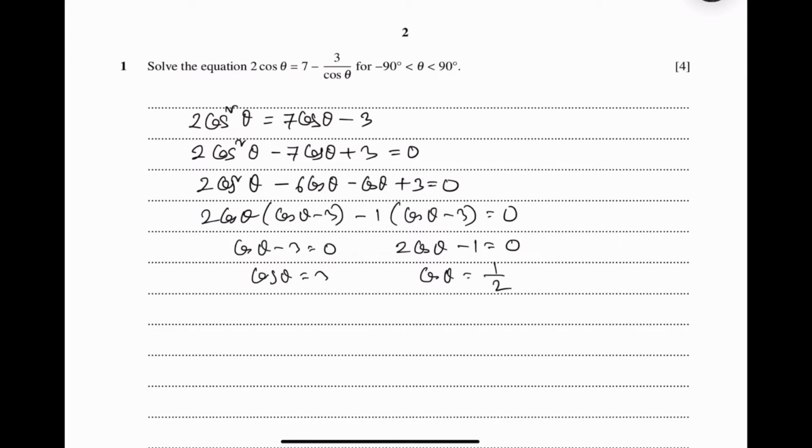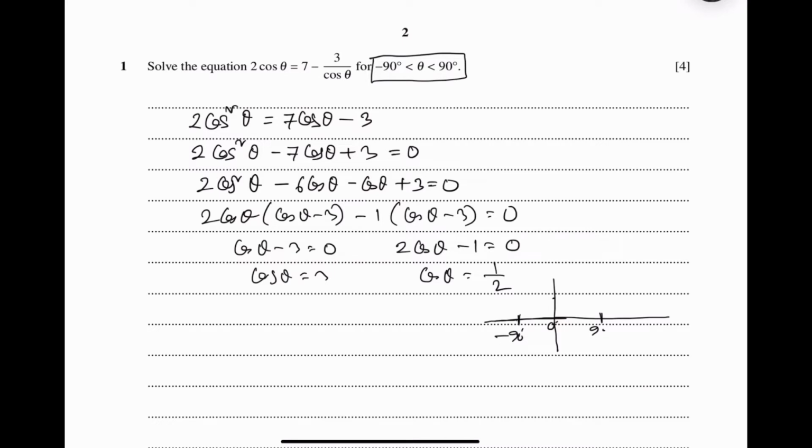Since the domain is defined here from minus 90 degree to 90 degree, we can draw the graph, or we can solve these in an ASTC diagram. Let us draw the graph. This is the cosine graph, minus 90, 0, 90 degree.